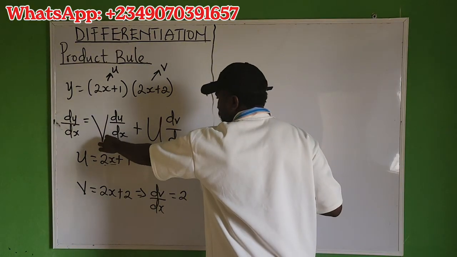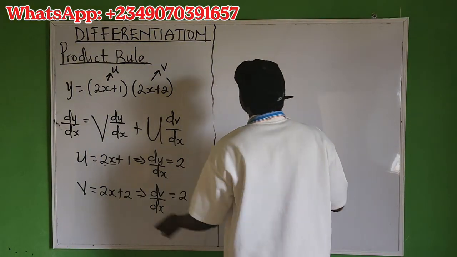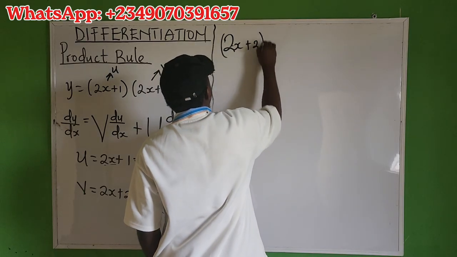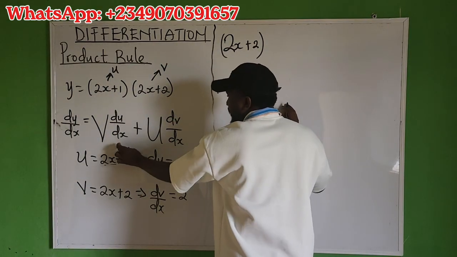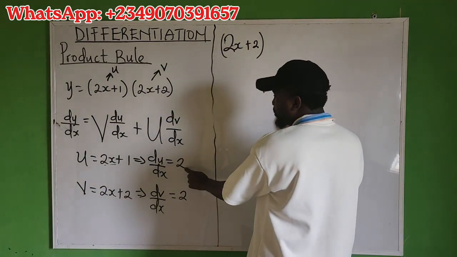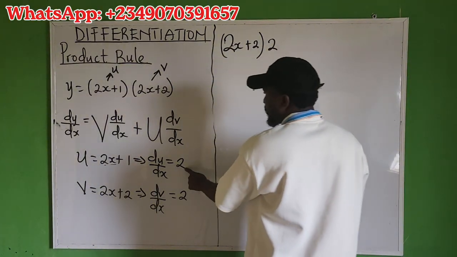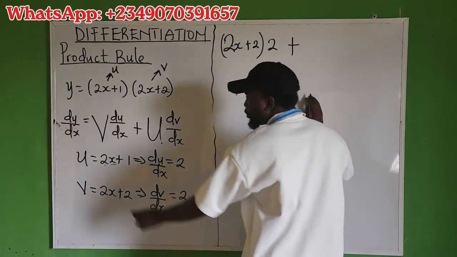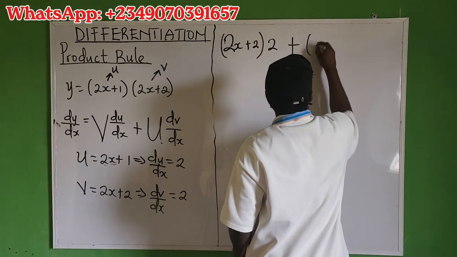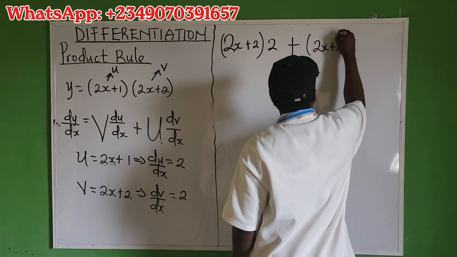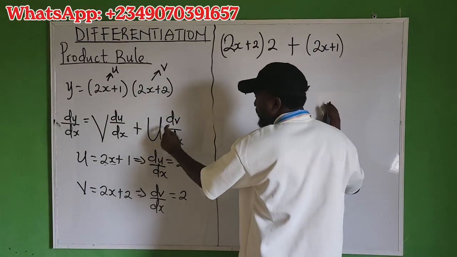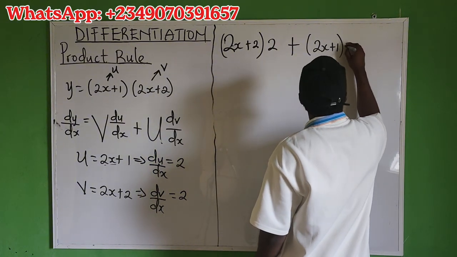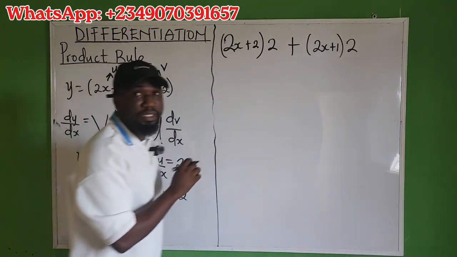For v, what is the value of v? It is 2x plus 2. We have 2x plus 2 multiplied by du over dx, and du over dx is 2. Then plus u, which is 2x plus 1, multiplied by dv over dx, which is 2.